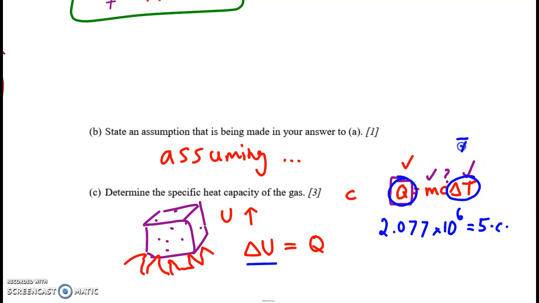Well, we do final minus initial, and that's 100. So C comes out to about 4150 joules per kilogram per Kelvin. I should be using the -1 notation, but I'm kind of out of space there.